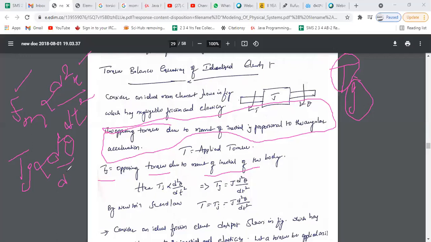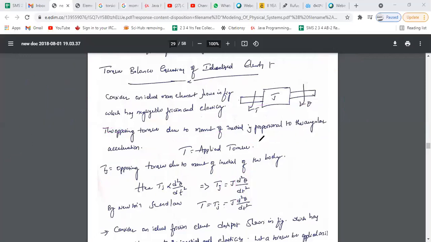Capital J is the proportionality constant. Similar to the translation system, how do you write the force balance equation for the mass? F_m equals m into d square x by dt square, isn't it? Here also, similarly, we have written T_J equals J into d square theta by dt square.